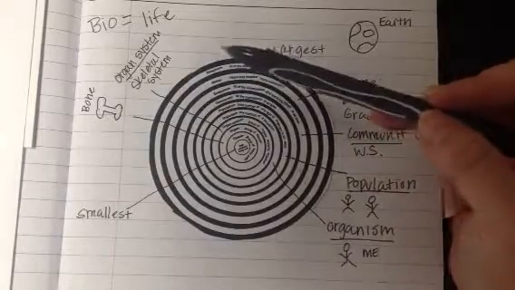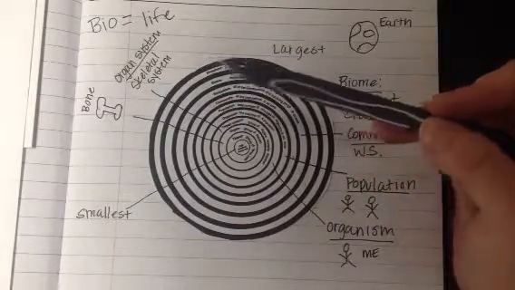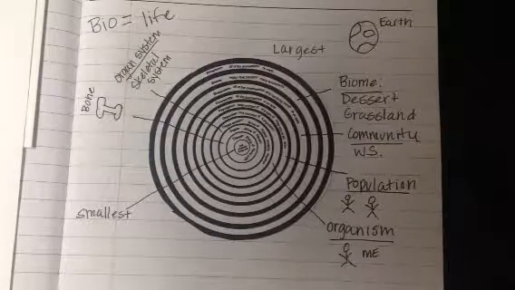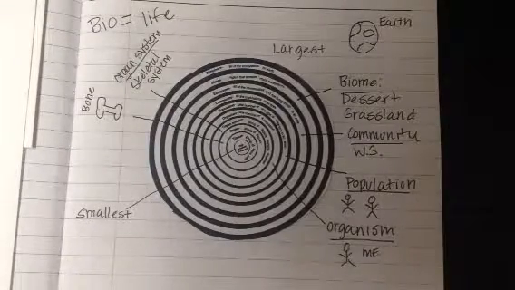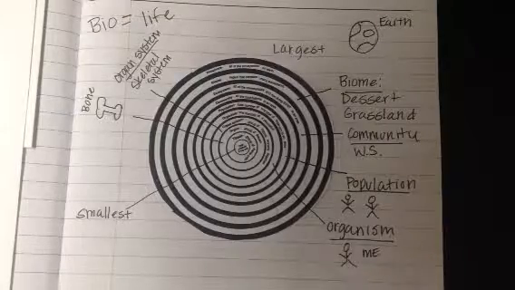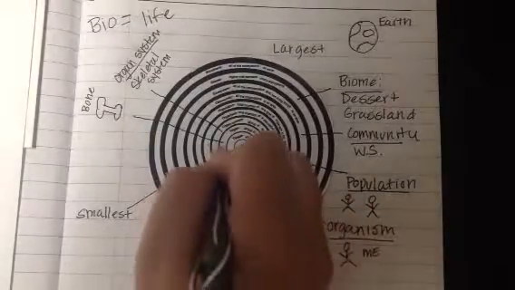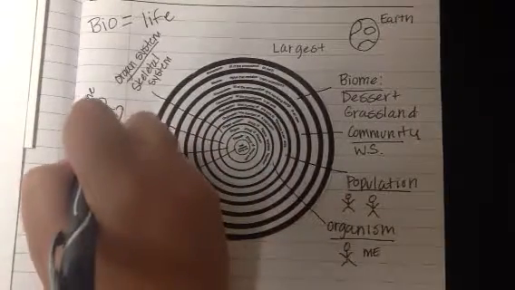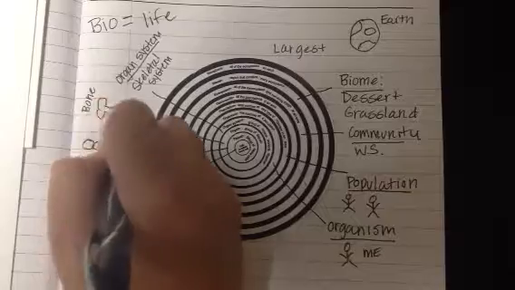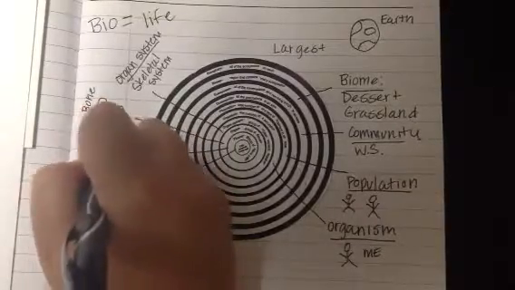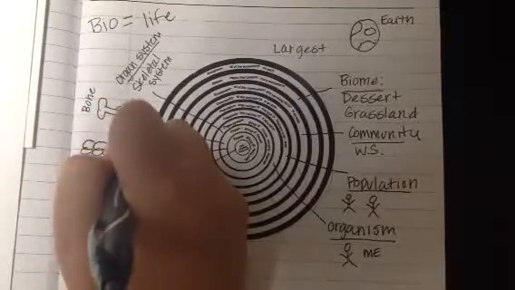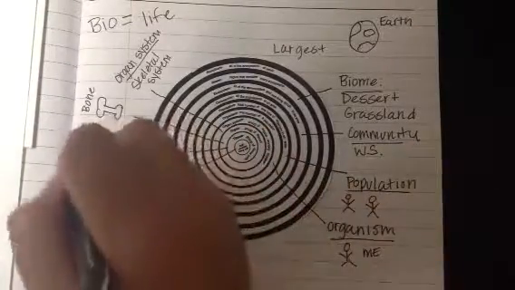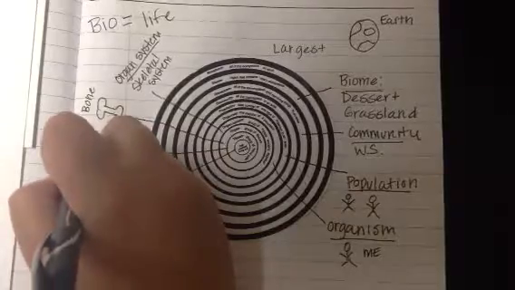You could do the cardiac system and draw a heart. You could do a different system that you choose. And then tissue. Tissue is several cells together, so I'm going to draw a little picture of that. Okay, so those are my cells. Animal cells are round, right? So this would be animal tissue.